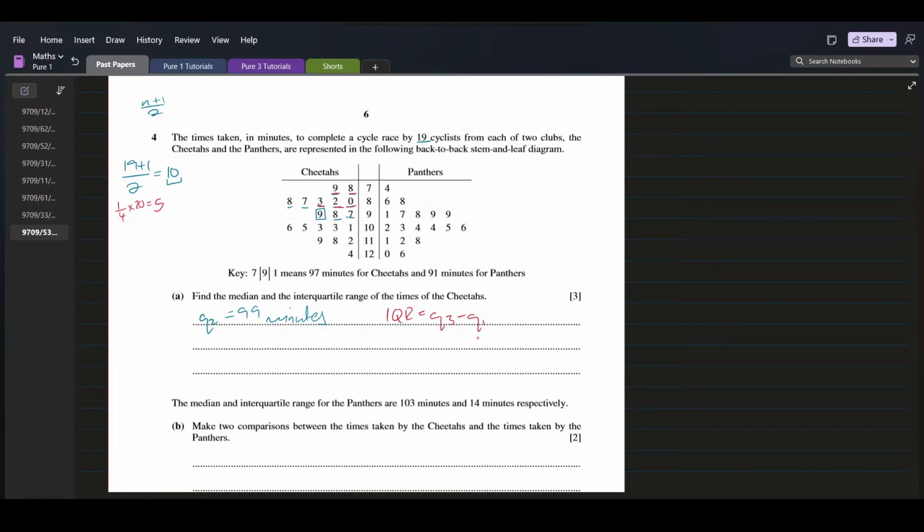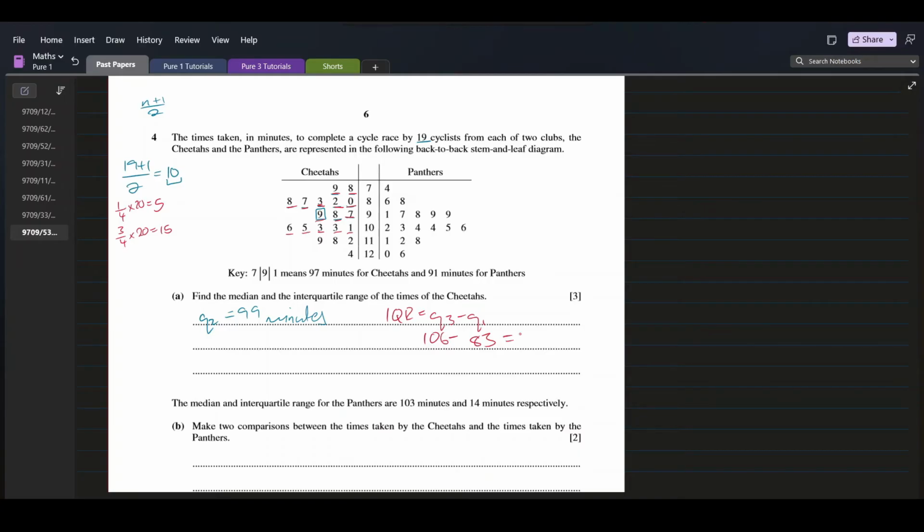So 83 would be Q1, and then we want Q3. To get Q3's position, that's 3 quarters times 20, which is 15. So since this is 5, that's 6, 7, 8, 9, 10, 11, 12, 13, 14, 15. So 106 will be our Q3.